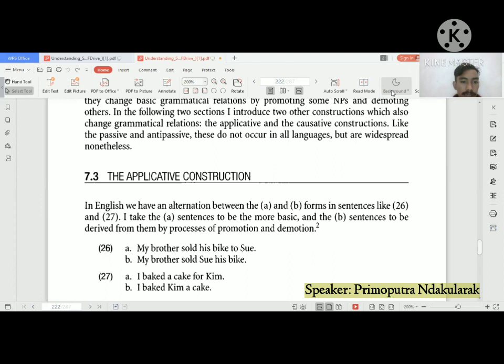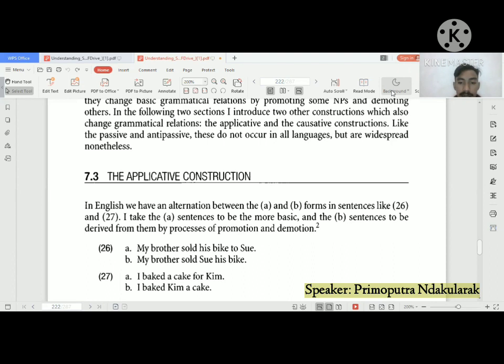For example, A, my brother sold his bike to Sue, and B, my brother sold Sue his bike. And the next example, I baked a cake for Kim. I baked Kim a cake.